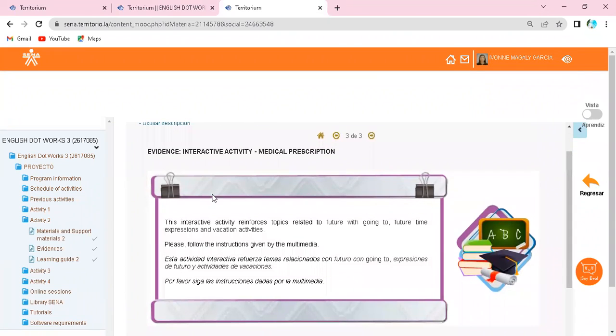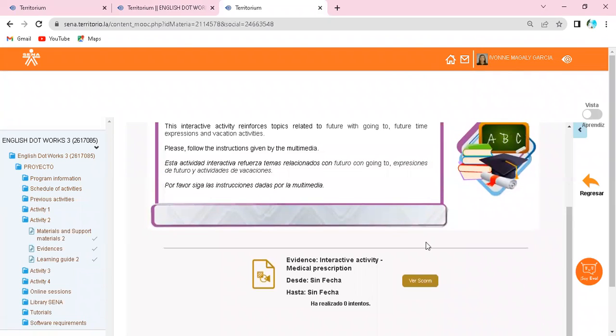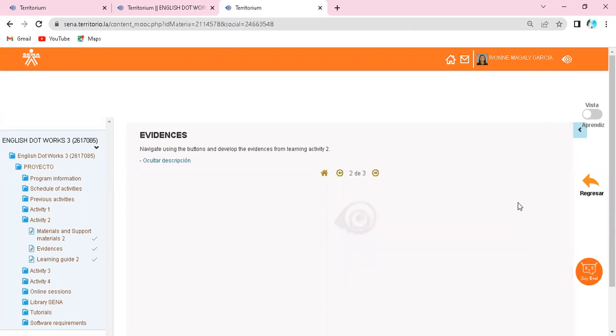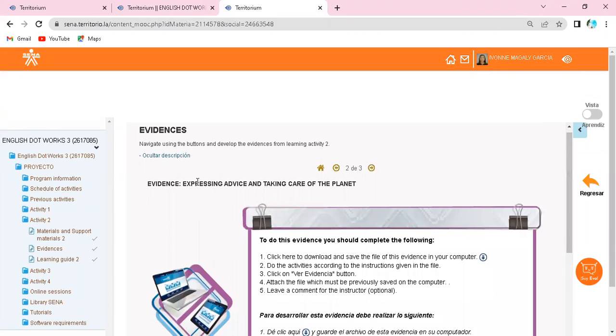And here we have interactive activity, medical prescription. In this medical prescription, you go to ver score and you develop the activity. So I will explain for you what you have to do in this activity, expressing advice and taking care of the planet.